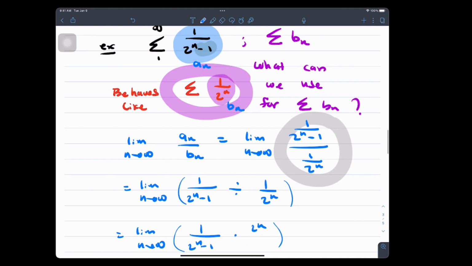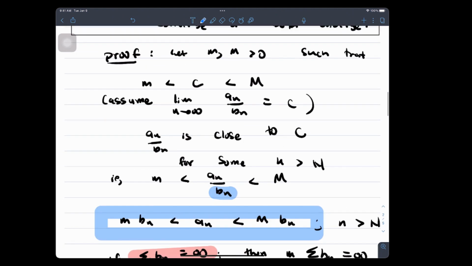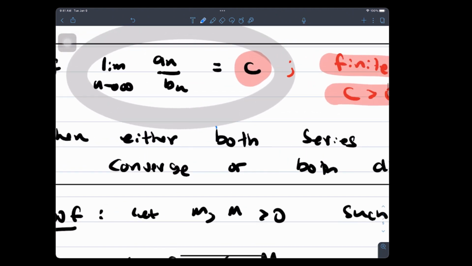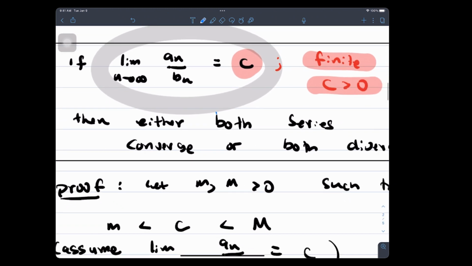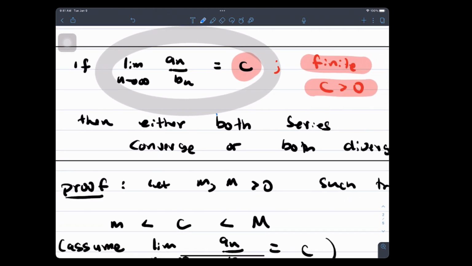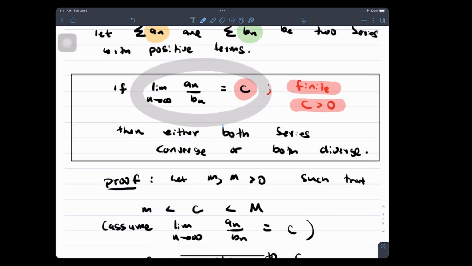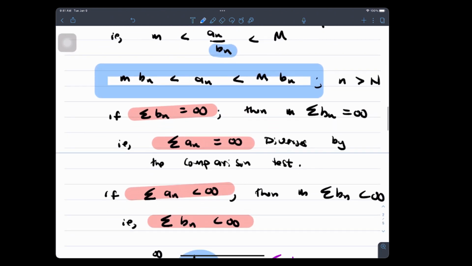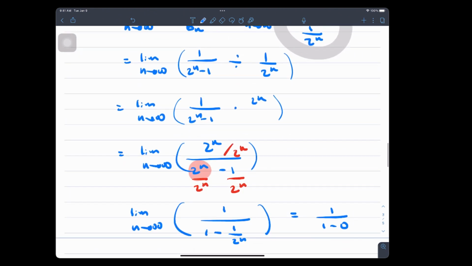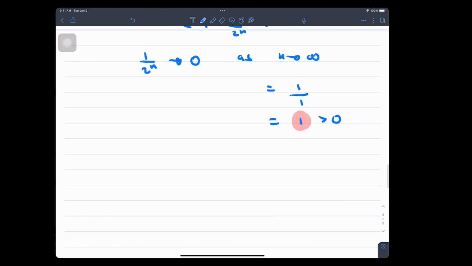So what I'm showing you guys is that the limit of the ratio of An over Bn is positive and finite. So what this means is both series converge or diverge. Now, this is your conclusion: both series converge.